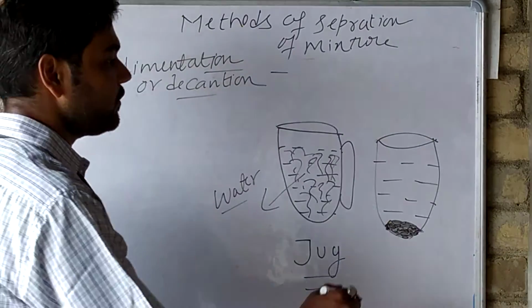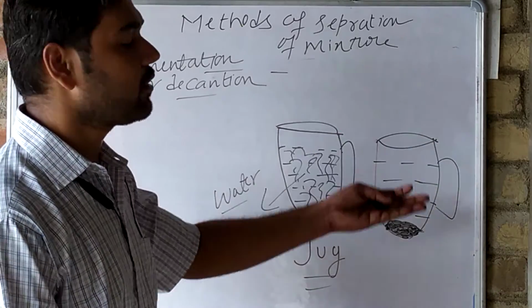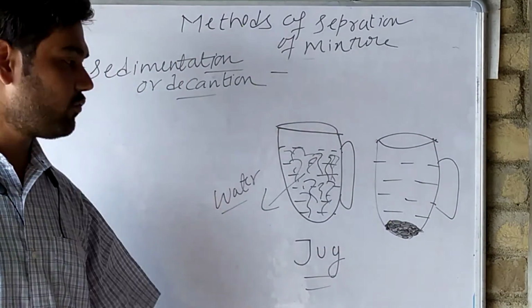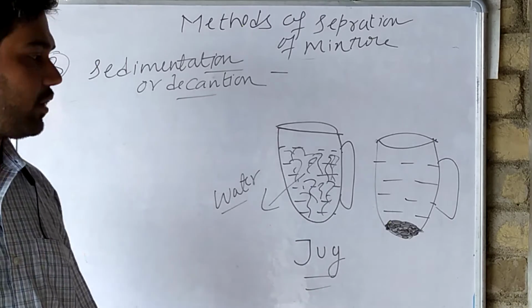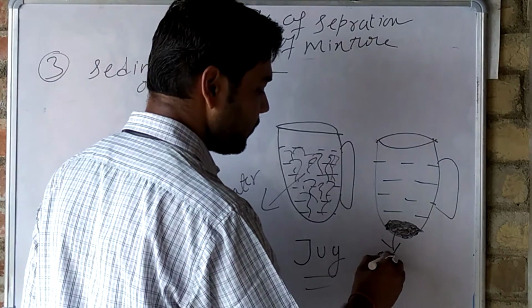And when it settles down, the liquid will be above, and that sand will be at the bottom. So that sand is known as sediment.